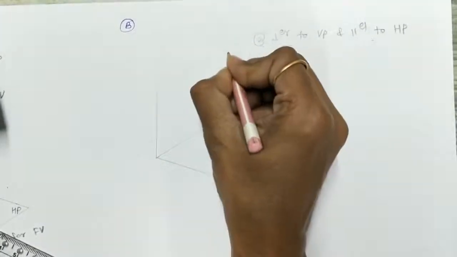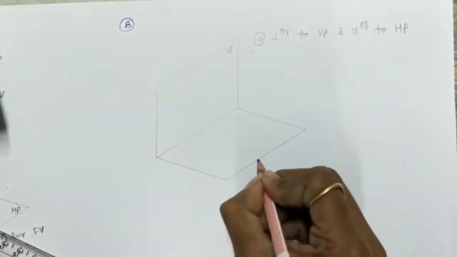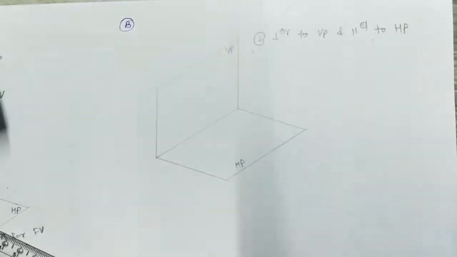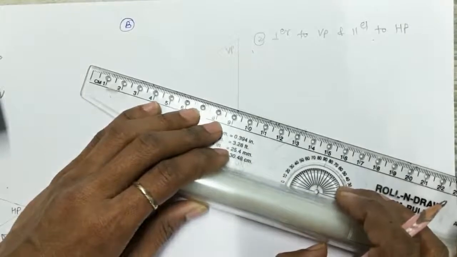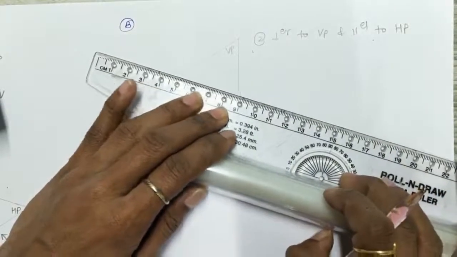First give names: this is VP and this is HP. I will draw the line which is perpendicular to VP and parallel to HP. The line is like this.